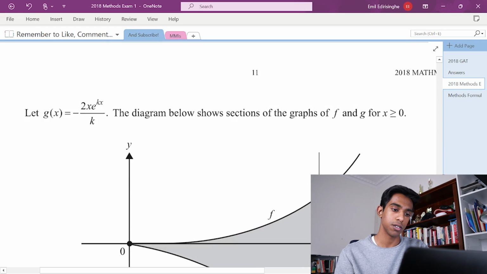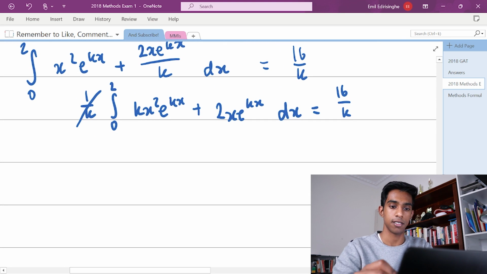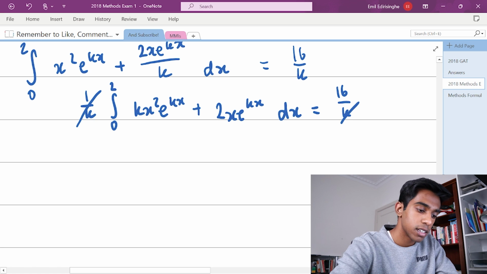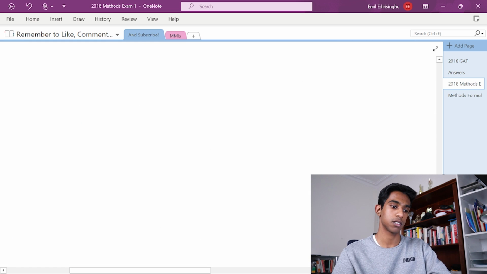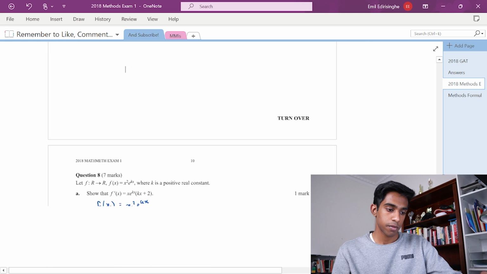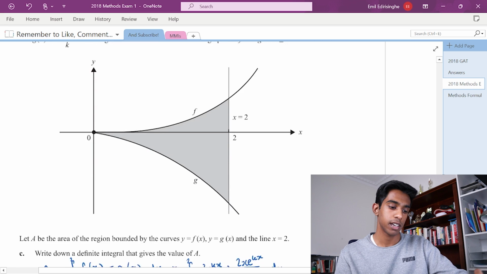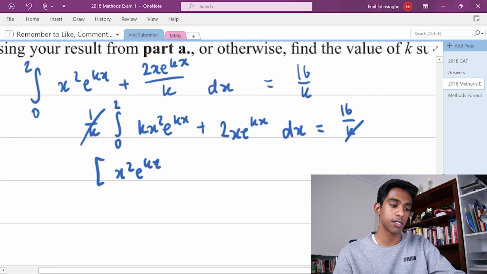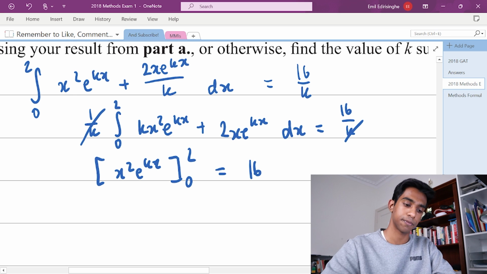So the first thing is we can just cancel these out. So we get the antiderivative here, I think it was x squared e to the kx. I believe that's what it was. Sorry, let me just scroll up. Yeah, x squared e to the kx. And that's going to be the inside of this definite integral. And then we can put 0 to 2 here equals 16.